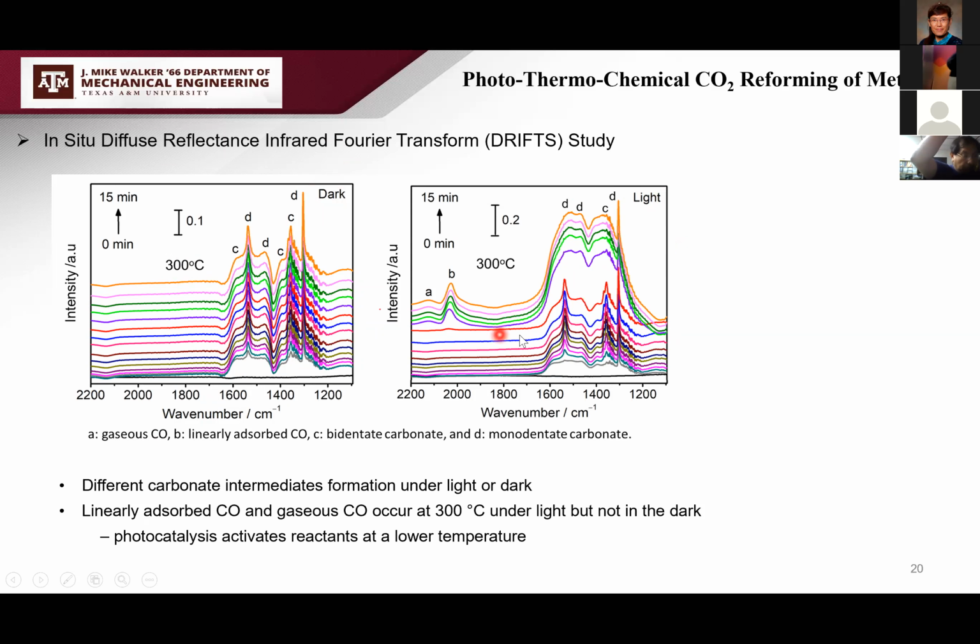In the first few minutes the spectra look similar, but under light, after 10 minutes, the CO2 absorption peaks are different from those in the dark. In the meantime, those two peaks, linearly adsorbed CO and gaseous CO, are observed under light only, not in the dark. Which proves that this photocatalysis really activates reactants at a lower temperature.